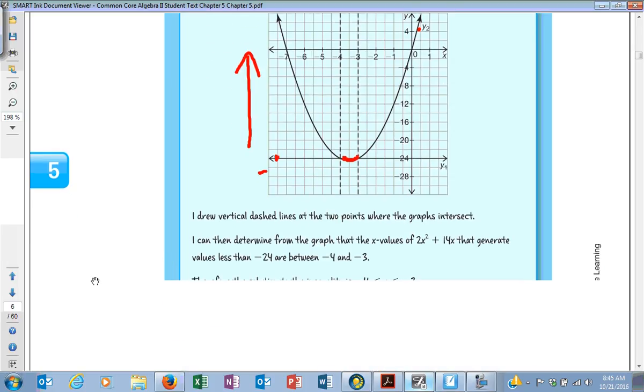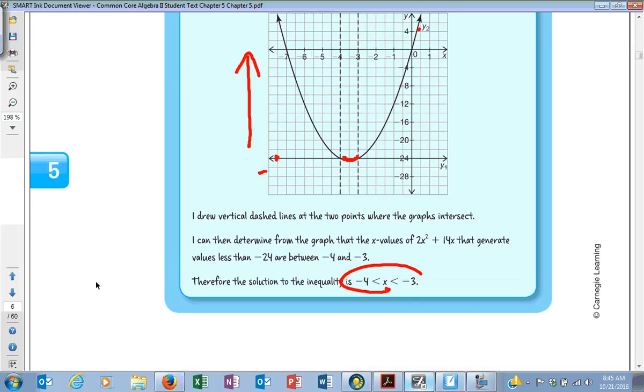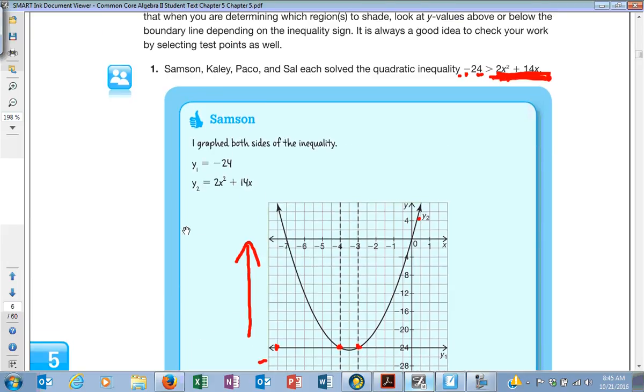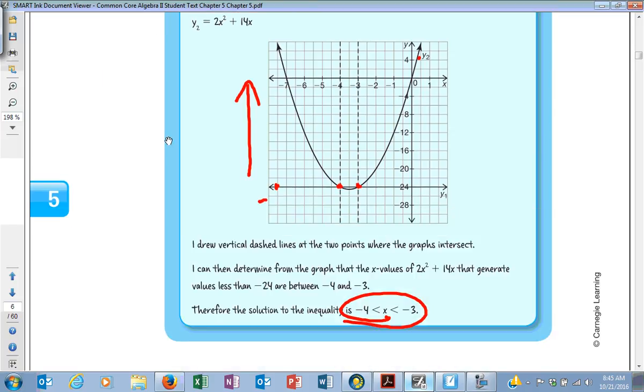He says I know it's going to be between negative 4 and negative 3. Why not equal to? Because if you put in a negative 3, what's your output going to be? Negative 24. If you put in a negative 4, what's your output going to be? Negative 24. And what do we want this to be? Less than. It can't be equal to, so it's got to be in between those two values. Does that make sense?